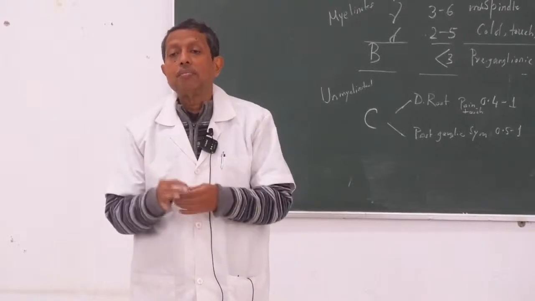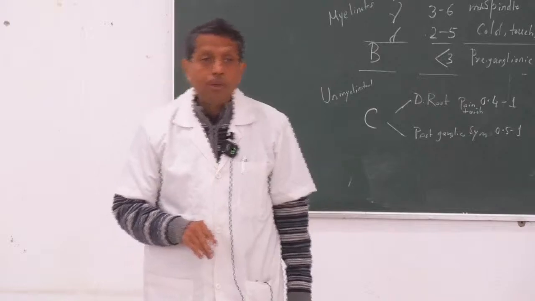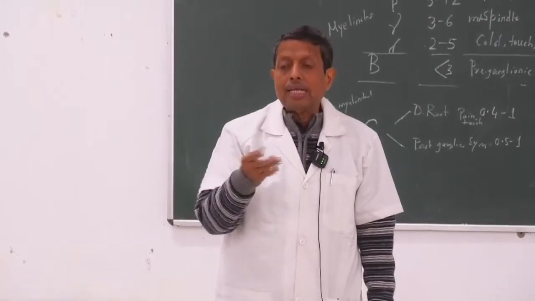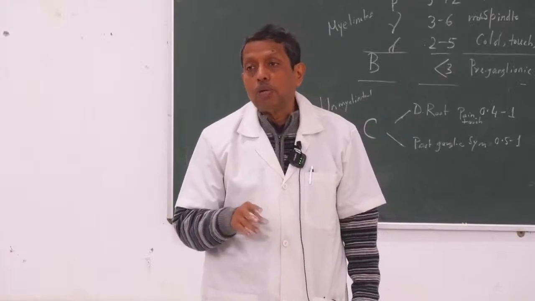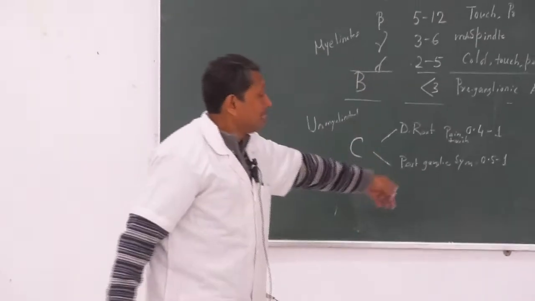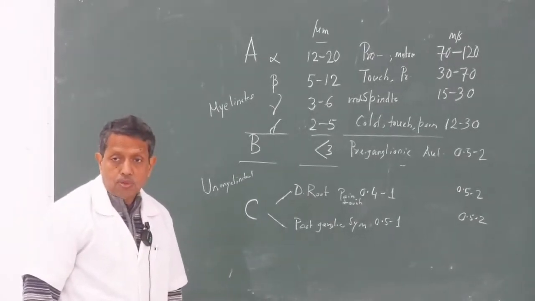In the sensory system, there is another form of classification, the numerical system. Numerical system means sensory neurons. And some confusion does arise. This Erlanger-Gasser classification involves all the types, sensory and motor.